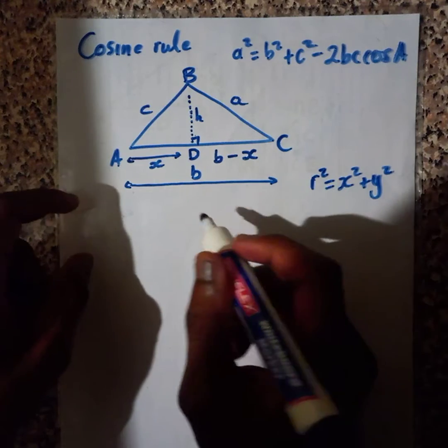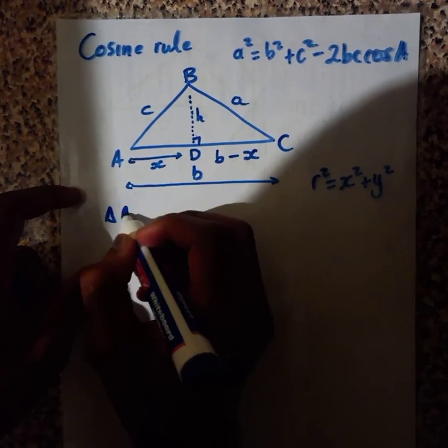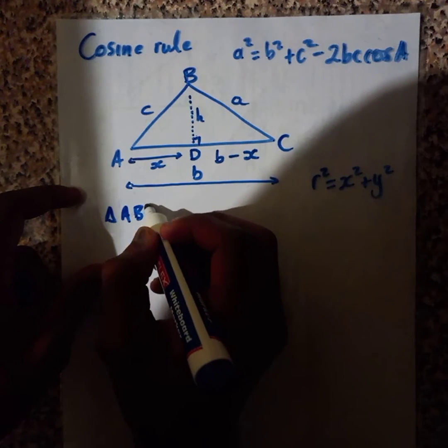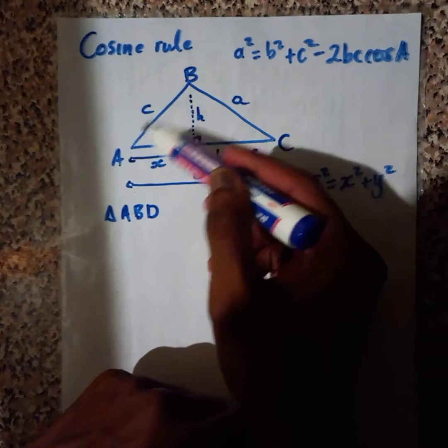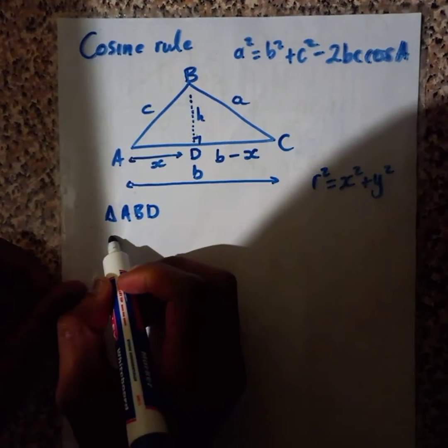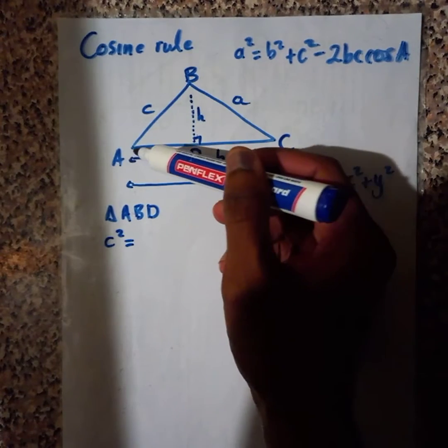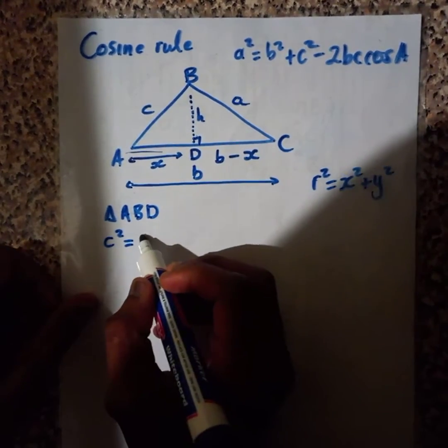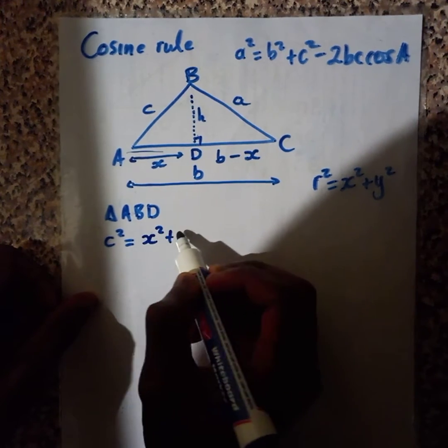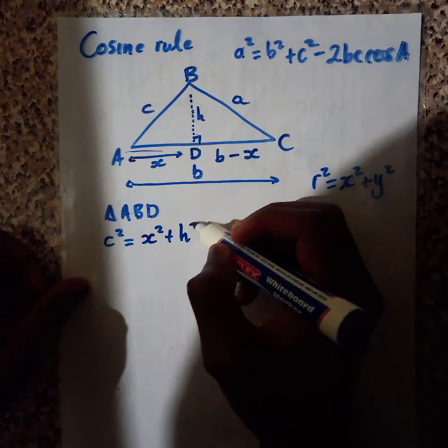Now, in triangle ABD, let us identify our hypotenuse, which is c. Then we write c squared is equal to, our adjacent is going to be x, x squared plus our opposite h squared.